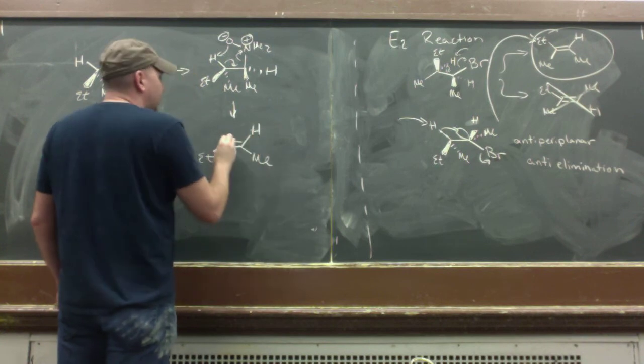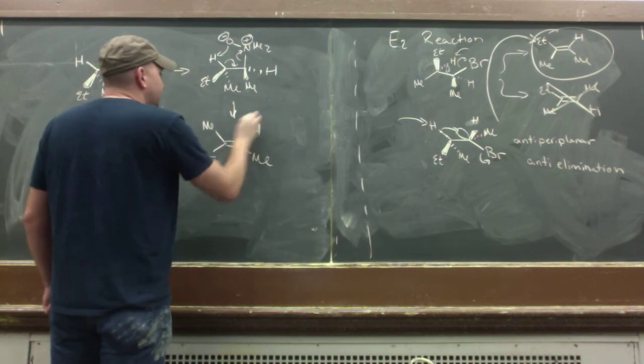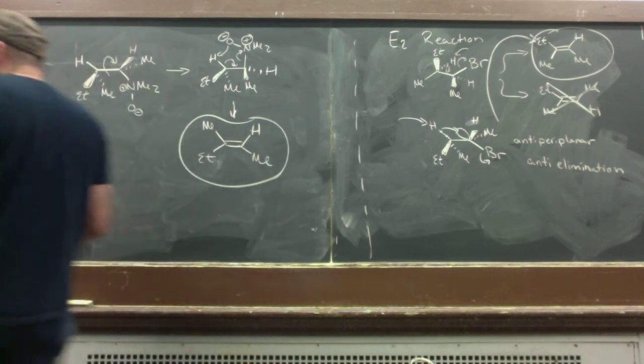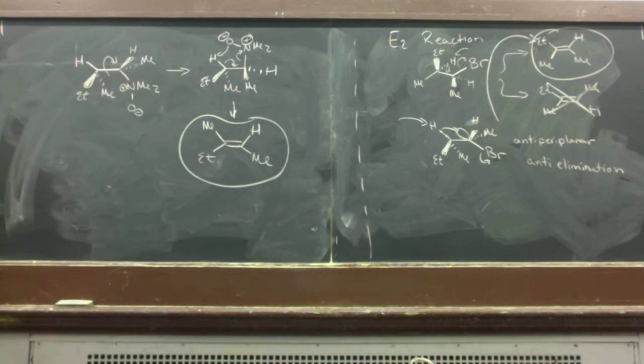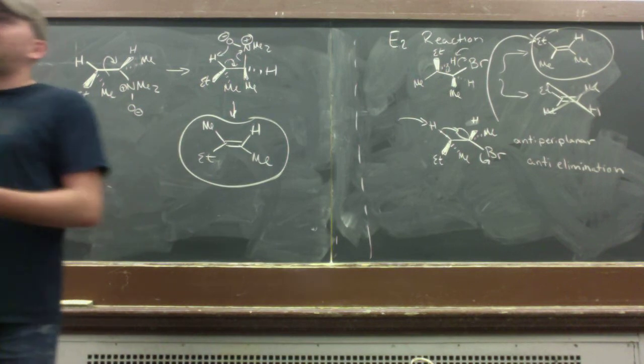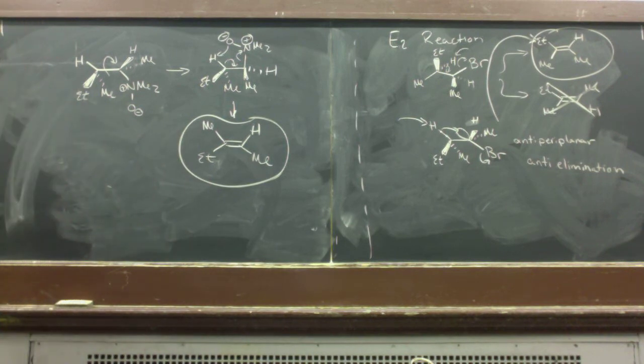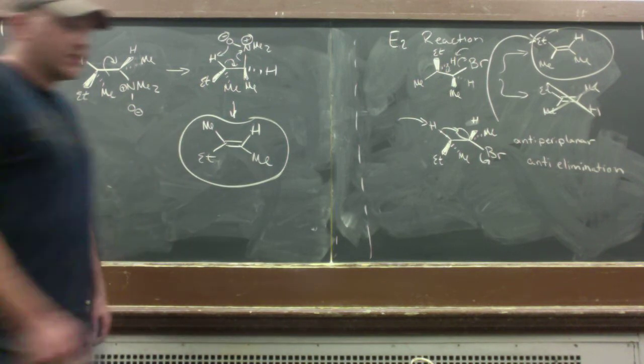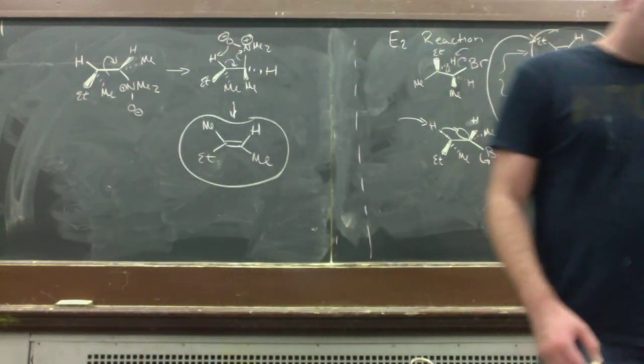And the proton and the methyl group are going to be on the same side. So again, the important point here is this is a different type of elimination. It's different than what you guys have seen in the past. But as you can see, there ends up being this stereochemical outcome that could arise from this reaction.